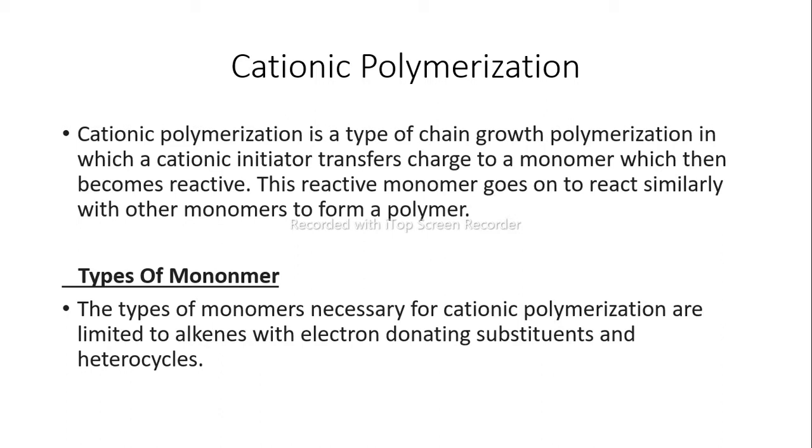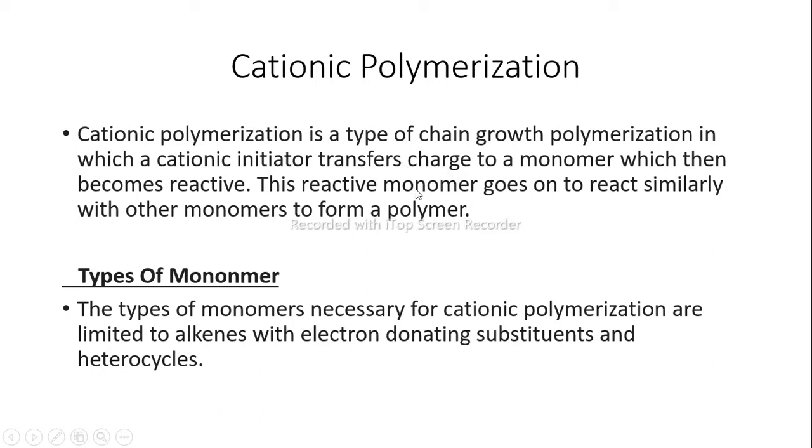As the name cationic polymerization suggests, the ions used in this process are positively charged ions, or cations. Cationic polymerization also involves a cationic initiator, which transfers charge to a monomer, and then that monomer further reacts with other monomers to form a polymer.